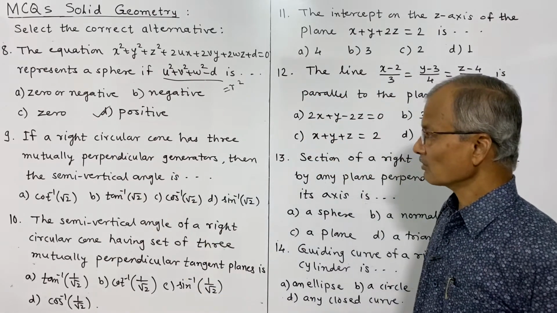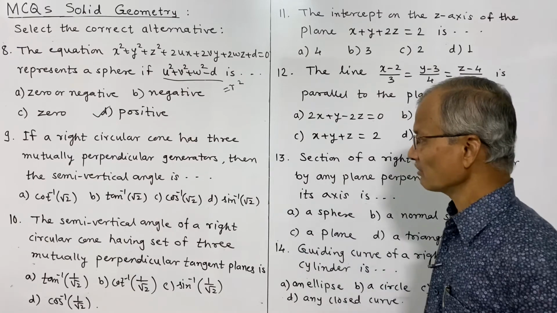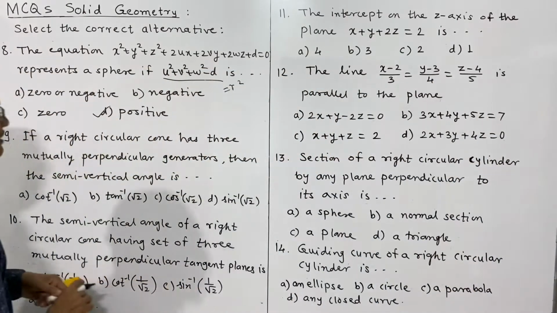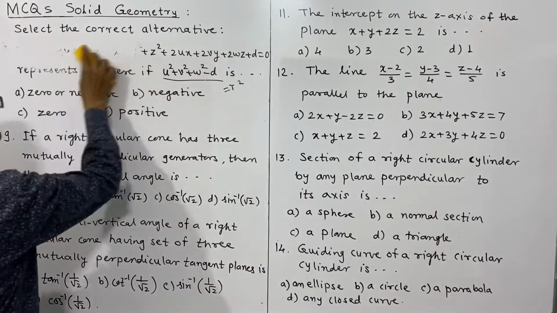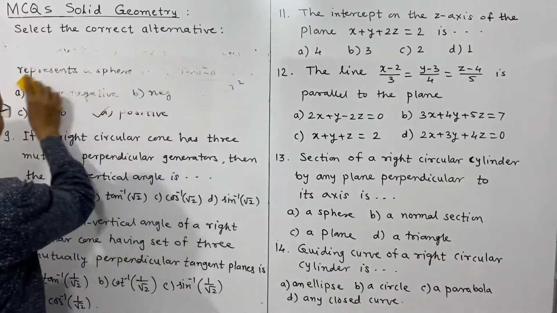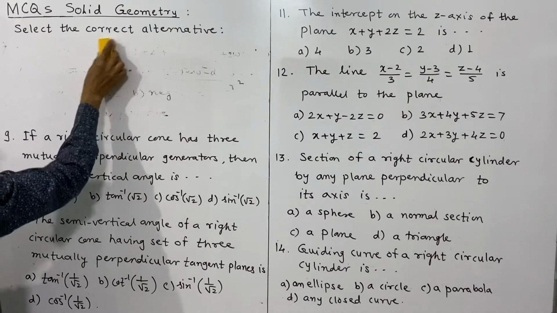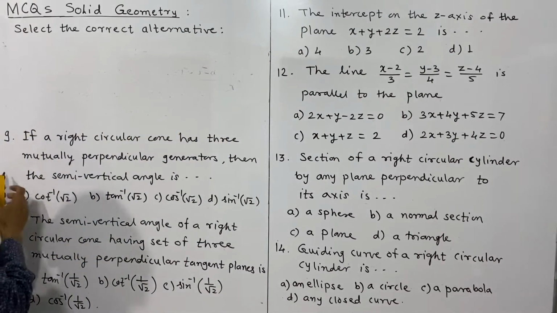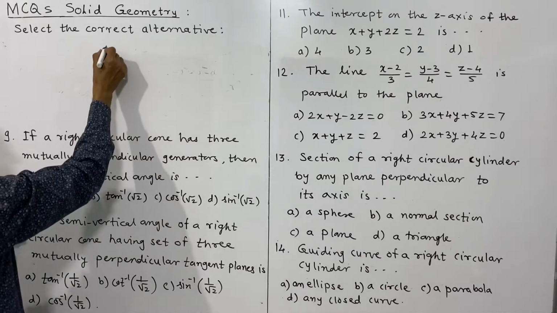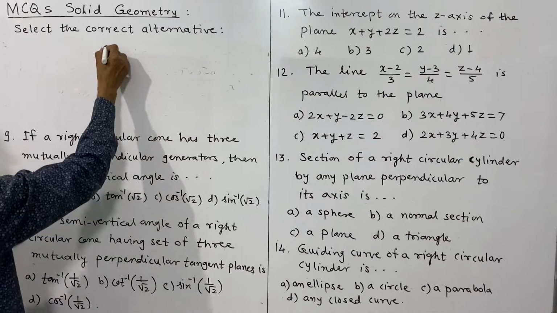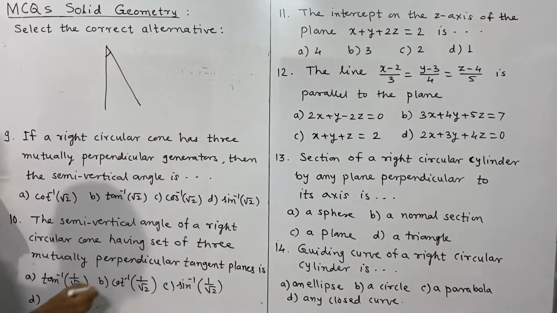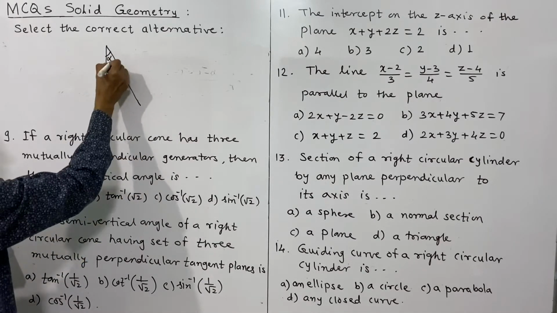If a right circular cone has three mutually perpendicular generators, then the semi-vertical angle is. So right circular cone is generated by a line which makes fixed angle with a given line, that is the axis. See, if this is the axis and if this is the line, and this is known as semi-vertical angle, so that may be denoted by alpha or theta.